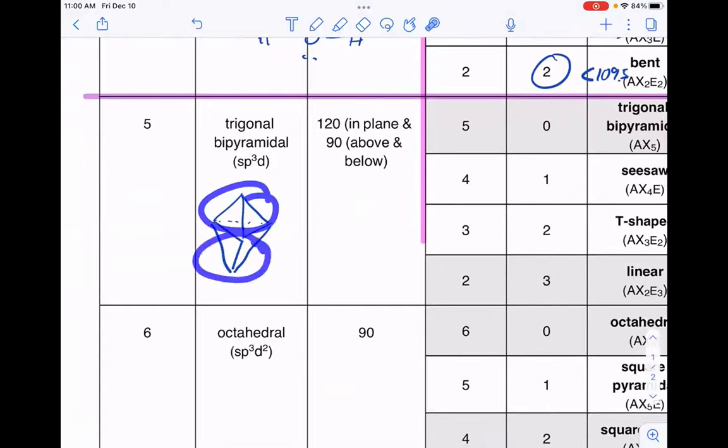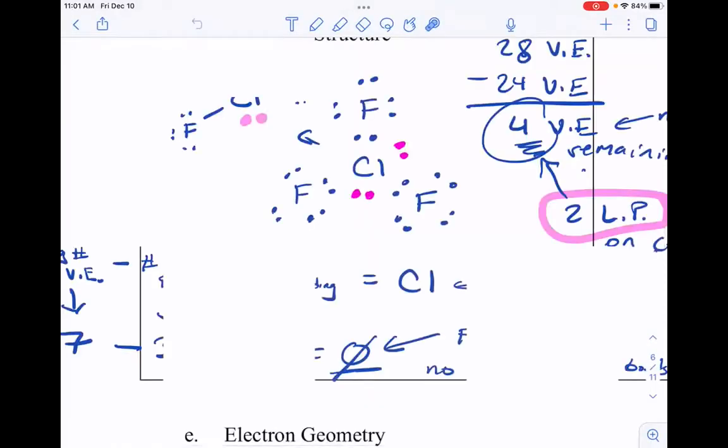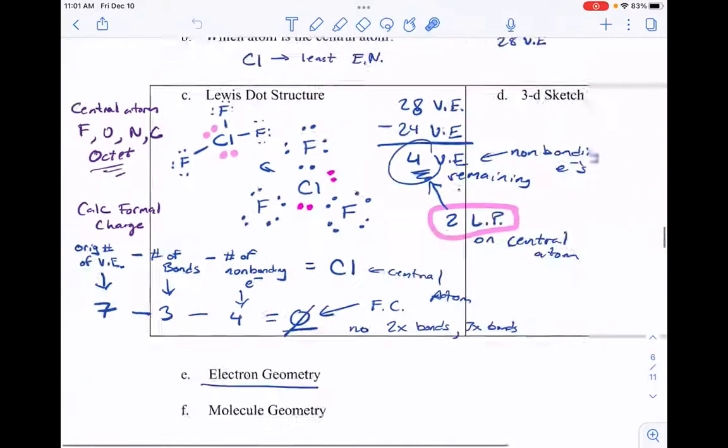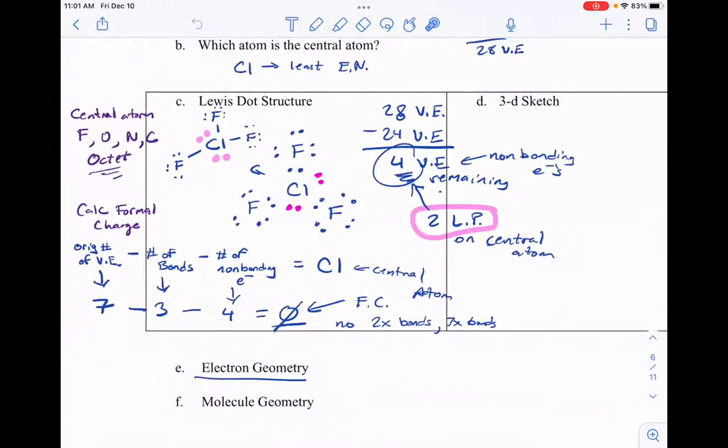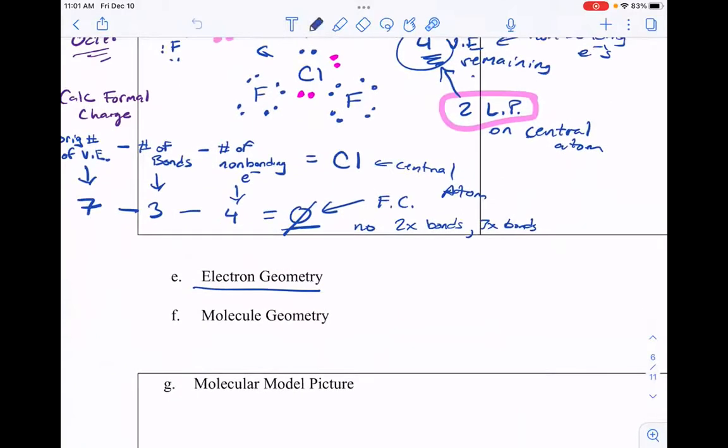There's 2 pyramids, that's why it's called bi. And it's trigonal because there's 3 faces, 1, 2, and then at the very back, there's the 3rd face. And so they definitely did change this worksheet from spring semester, because we didn't go through higher levels than tetrahedral. Oh well, it is what it is.